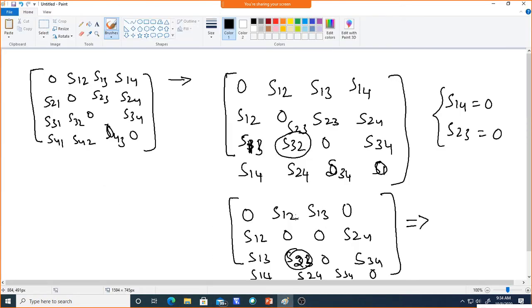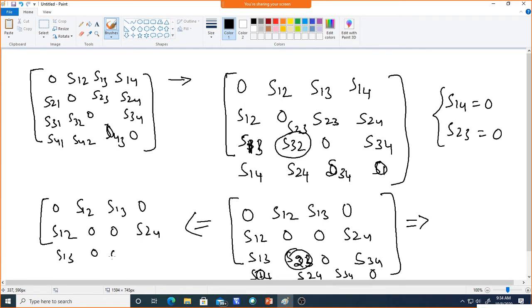Since S14 is 0, you can put 0 here. Okay, so now what is the resultant matrix? You will get 0, S12, S13, 0, S12, 0, 0, S24, and similarly S13, 0, 0, S34, and here 0, S24, S34, 0.